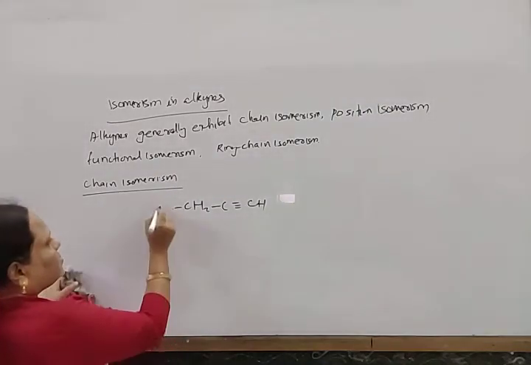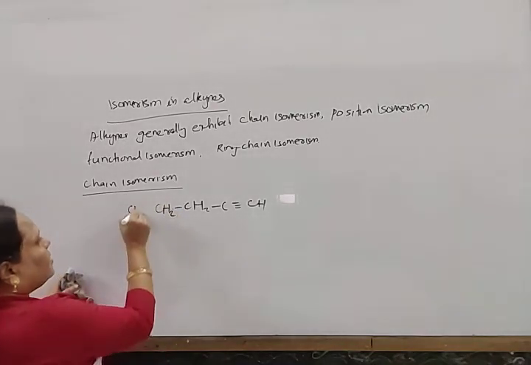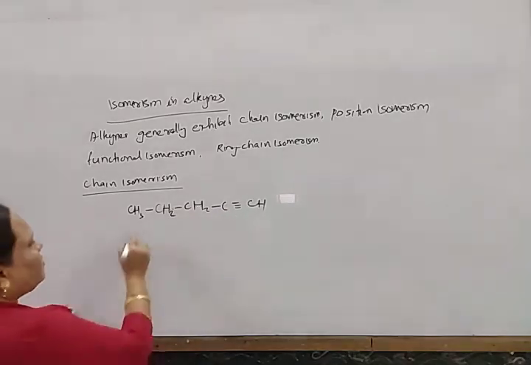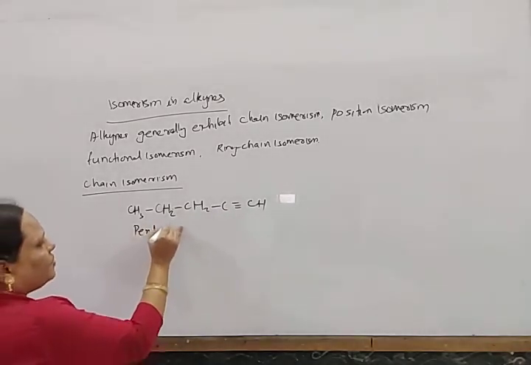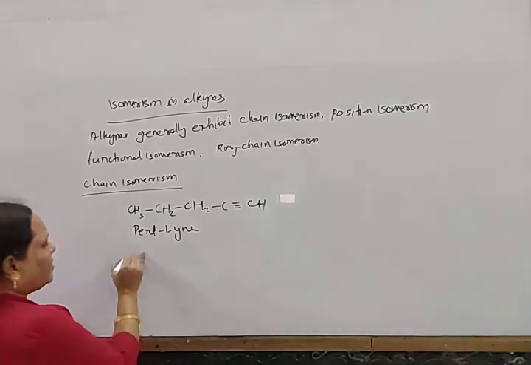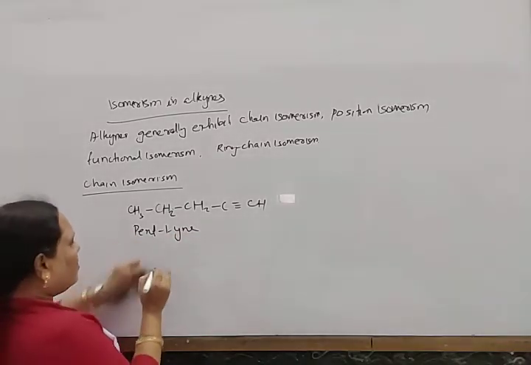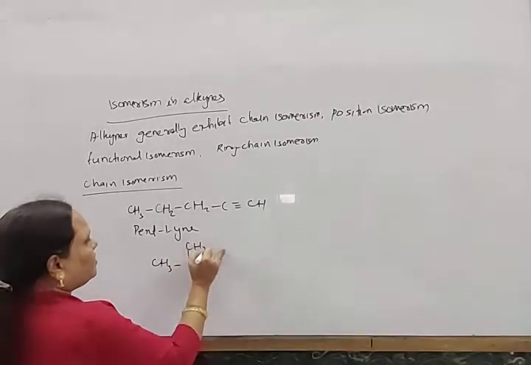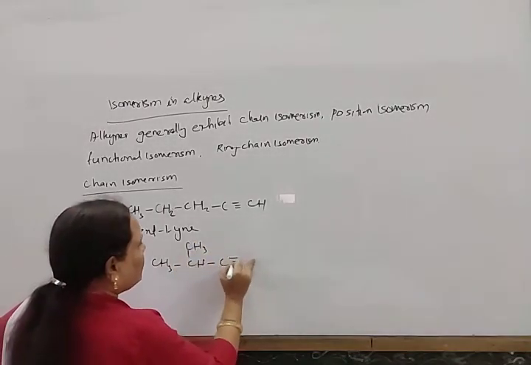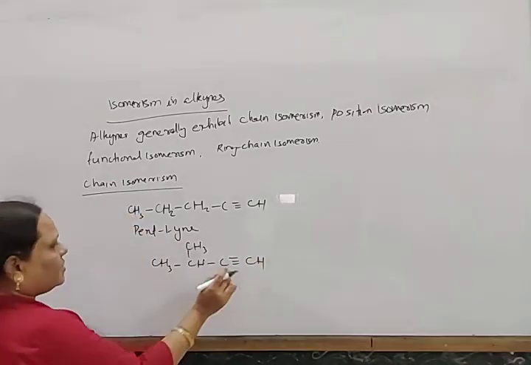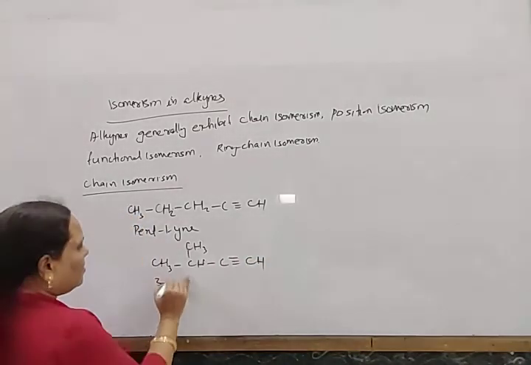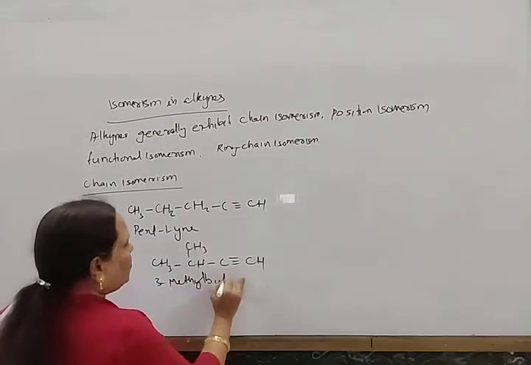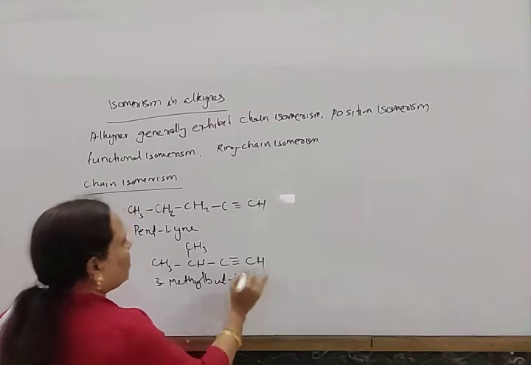Look here. CH3 CH2 CH2 C triple bond CH, 1, 2, 3, 4, 5, this is pent-1-yne. And another, CH3 CH CH3 C triple bond CH, this is 1, 2, 3, 3-methylbut-1-yne.